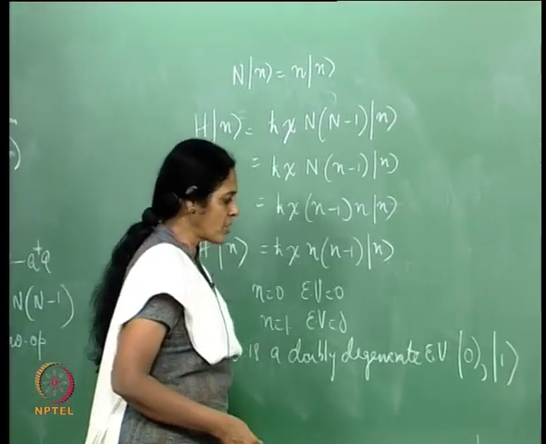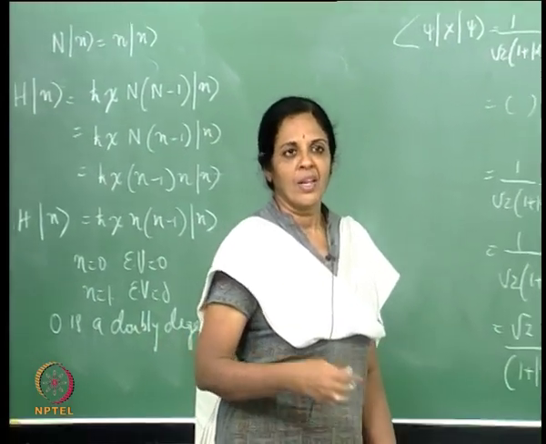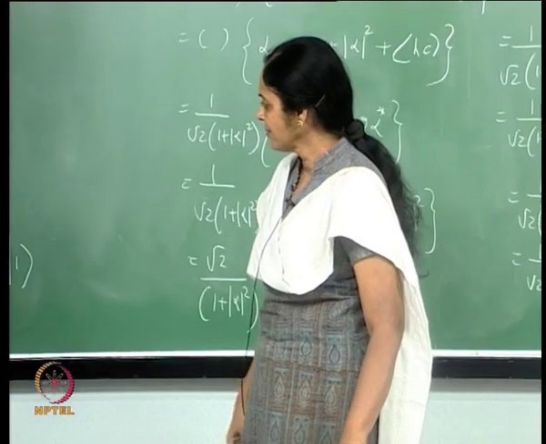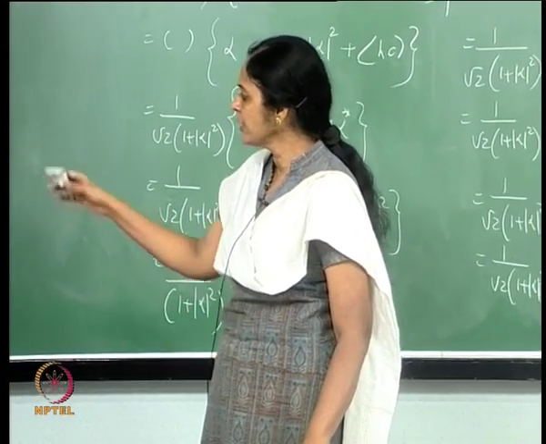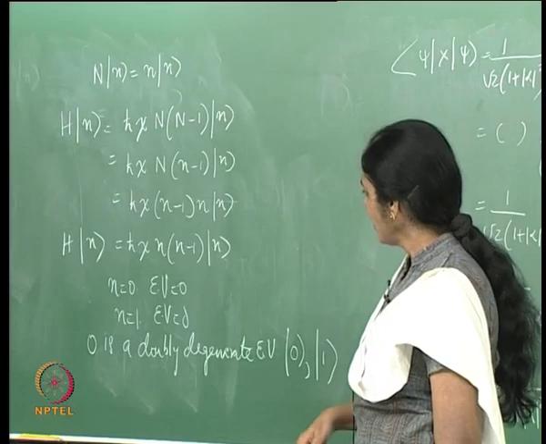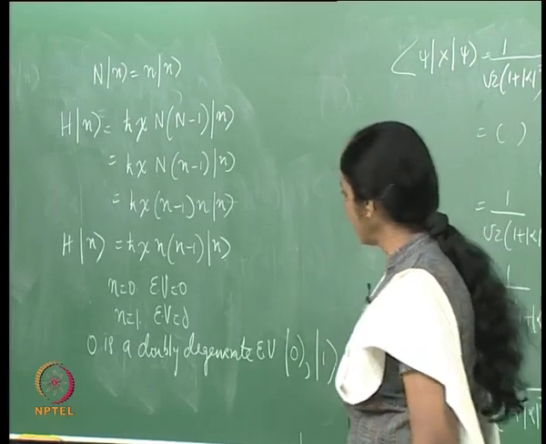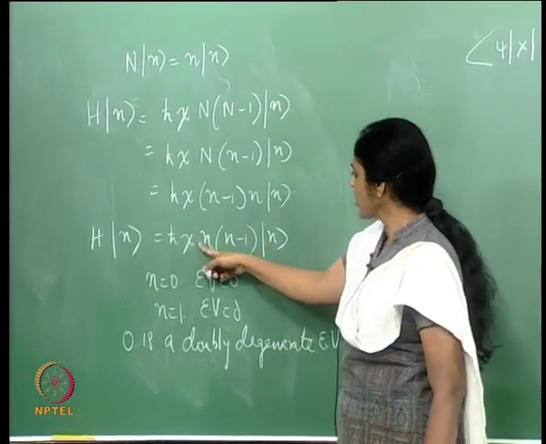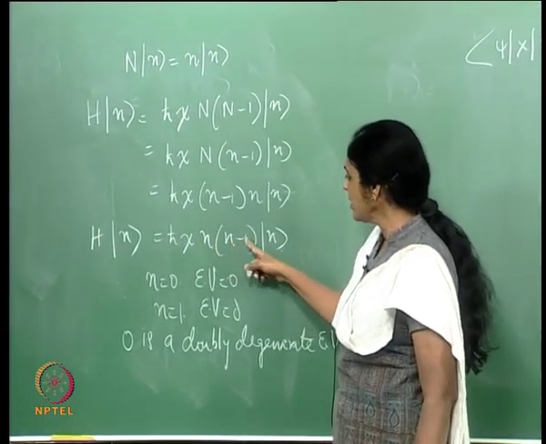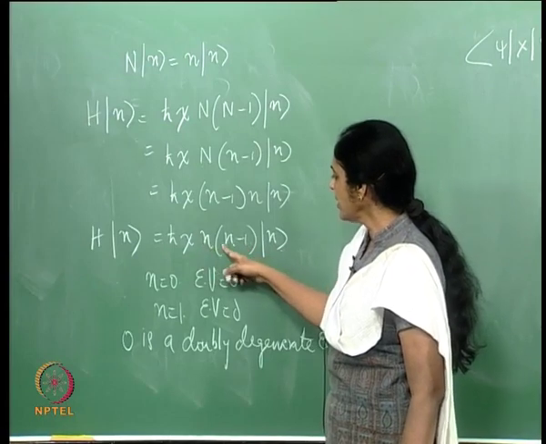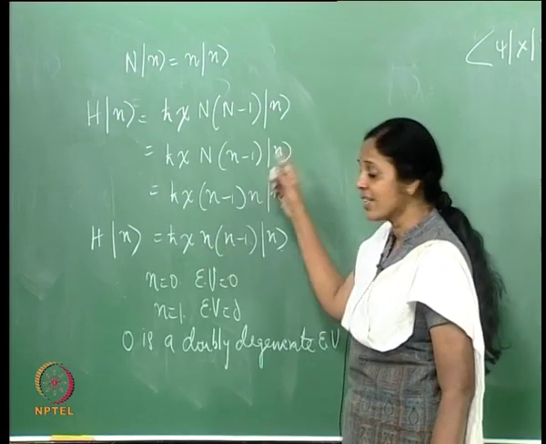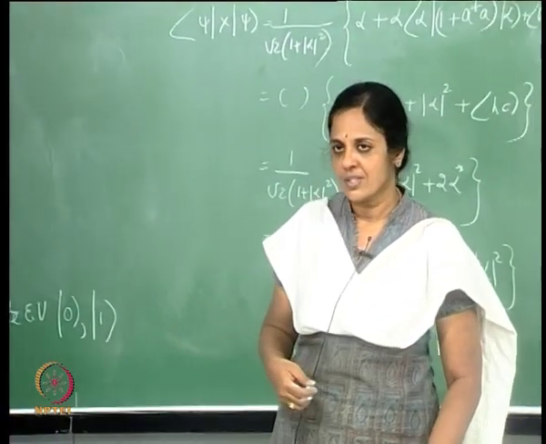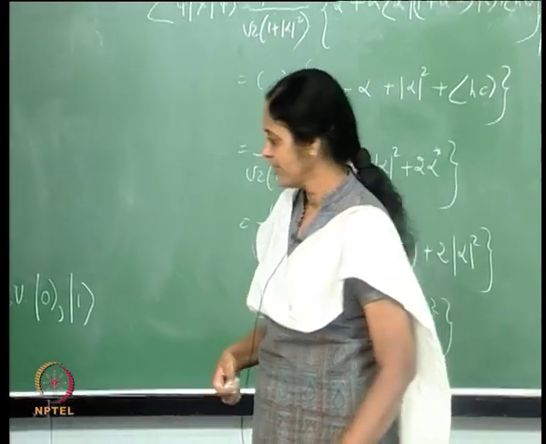So, both the 0 photon state and the 1 photon state are eigenstates of this Kerr Hamiltonian, because they are eigenstates corresponding to a degenerate eigenvalue 0. All other eigenvalues are non-degenerate. For instance, n equal to 2 just gives me 2, then n equals 3 gives me 3 times 2, which is 6, and so on. So, none of the other eigenvalues are degenerate, but the ground state 0 is degenerate.